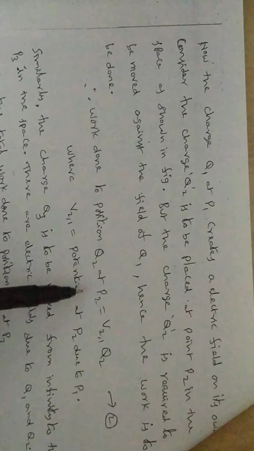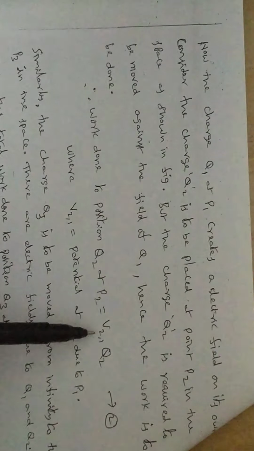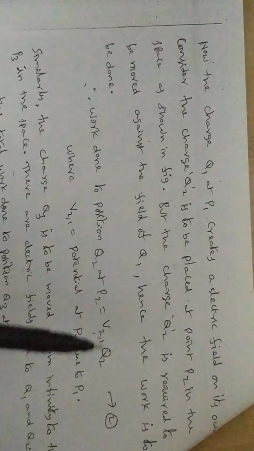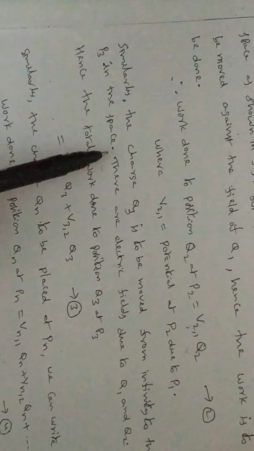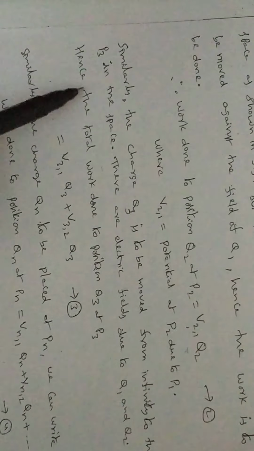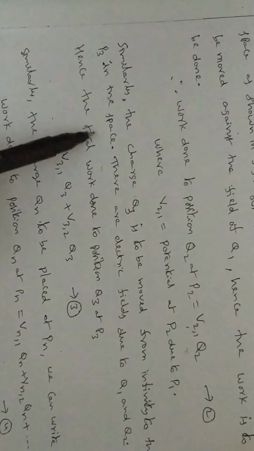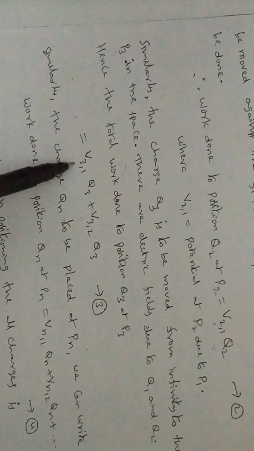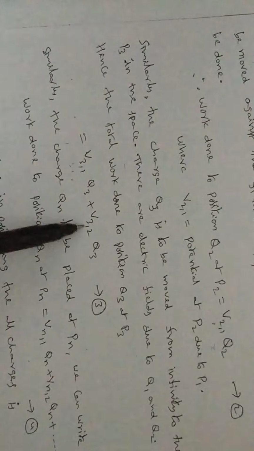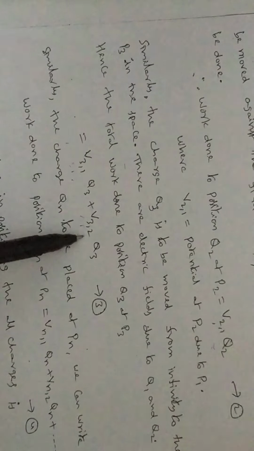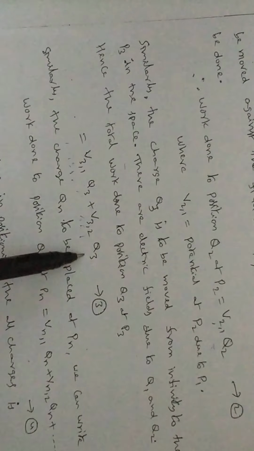Then the work done at point P2 is, the potential difference is V2,1, the difference between the 2 point charges, and the charge is Q2. Similarly, the charge Q3 is moved from some infinity point to the required point, that is P3, in the space. Then the work done is equal to the potential difference between the third point and the first point, as well as the potential difference between the third point and the second point, that is V31 Q3 plus V32 Q3.